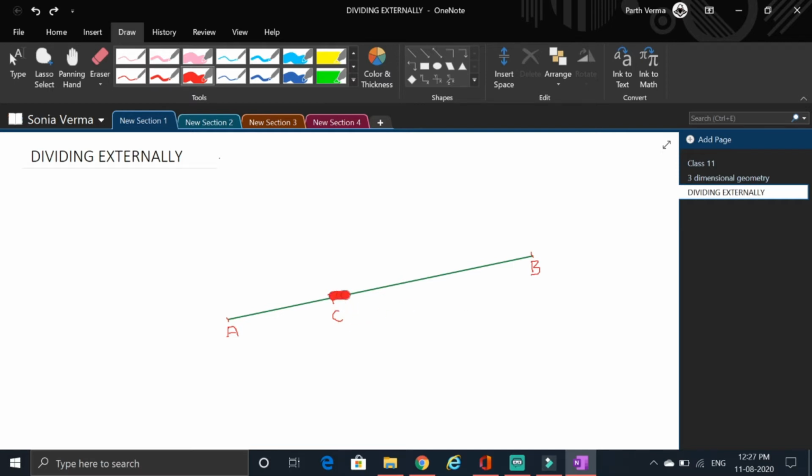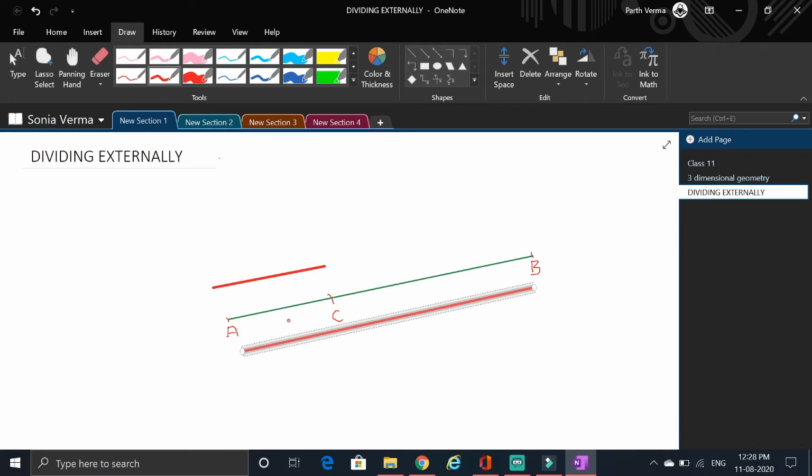Suppose you have the line segment CB. And suppose A is dividing this line segment in the ratio 2:5. That actually means that this is 2 and this is 5.